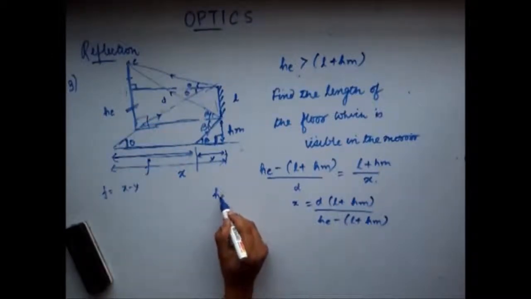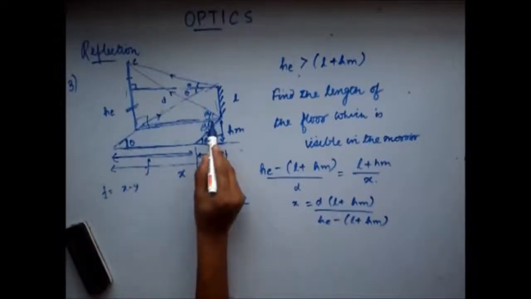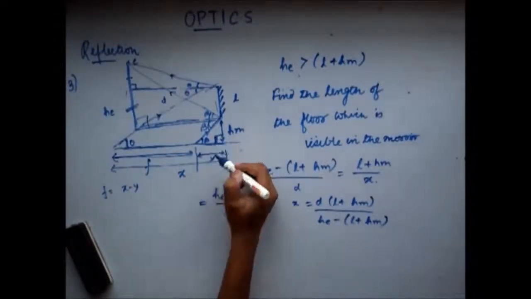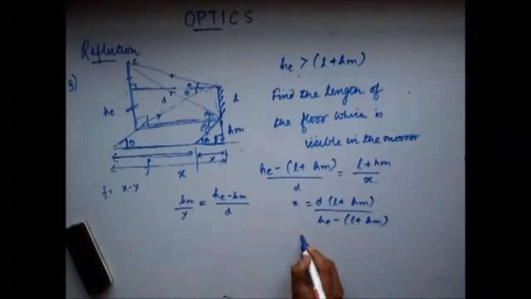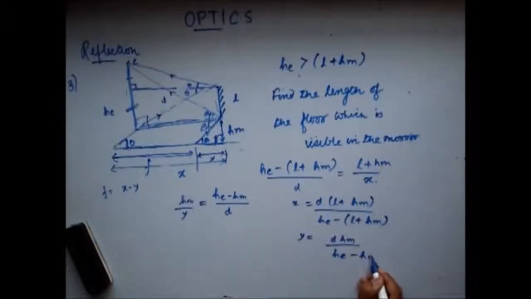This height is HE minus HM divided by this distance. This distance is D. This is equal to this height, that is HM, by this distance, which is Y. So what is Y? Y is D times HM divided by HE minus HM.